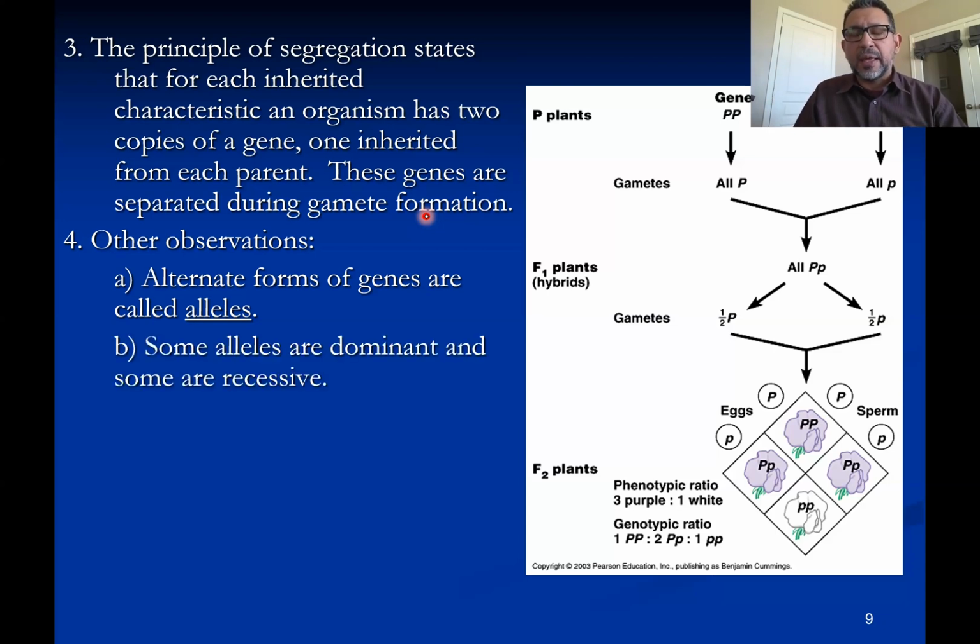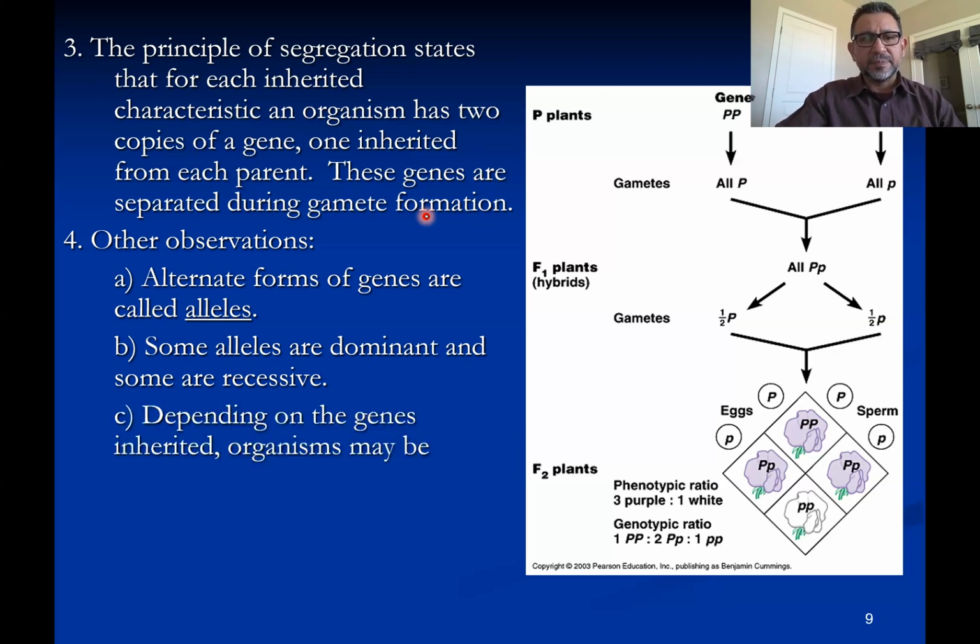Some alleles are dominant, like in the case of crossing two parents with different characteristics and all of the offspring showing only one characteristic. That is going to be the dominant allele. The one that didn't appear in the F1 generation, that would be the recessive allele. Later it appears, but it's only 1 out of 4 individuals that will be expected to have that recessive allele.